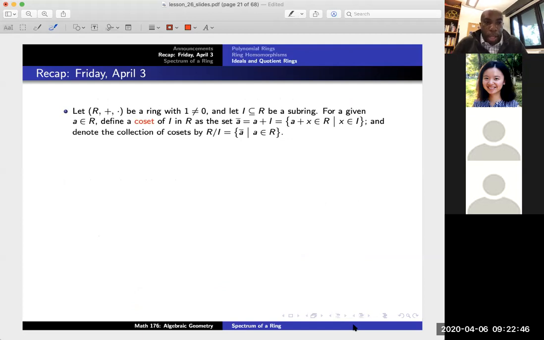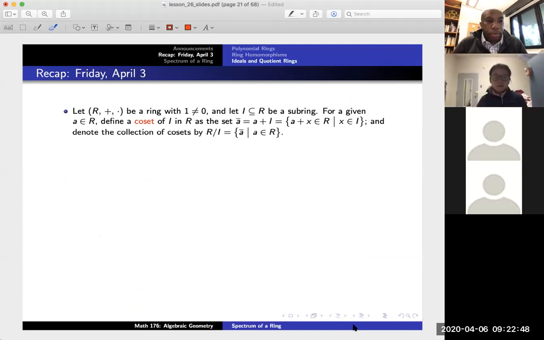And so the final thing we talked about was this idea of ideals. So I'll set it up in the following way. Say that we have a ring R, and let's let I be a subring. So first of all, we can talk about cosets. This is where we take a look at elements in the form a plus x, where x lies in the subring I. As an example, we can let R here be the integers.